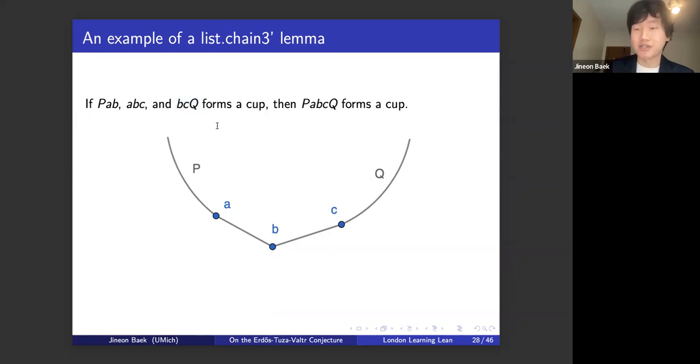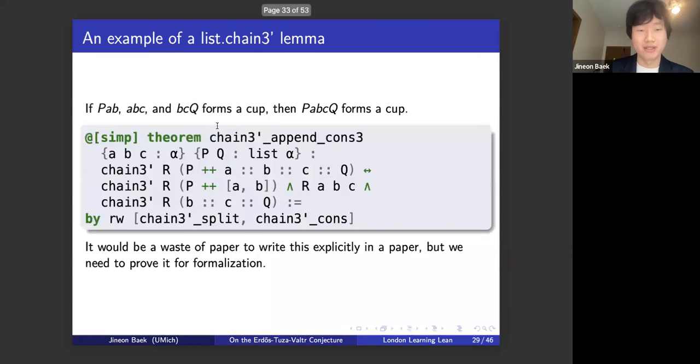This is necessary to combine all these different cups. Normally we wouldn't write this as a theorem because it's rather obvious once we imagine it. But I had to prove this in the formalization process. It would have been a waste of paper to write that, but we need to prove it as a simple lemma to make things work.